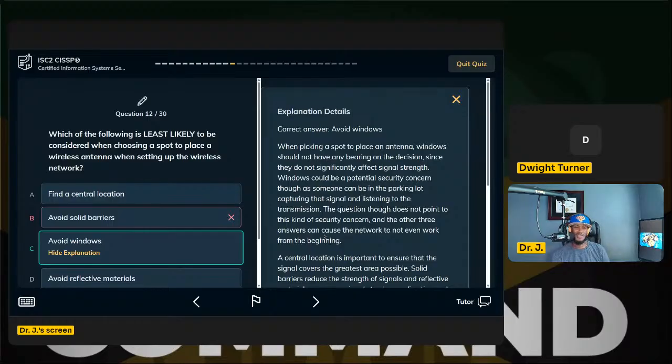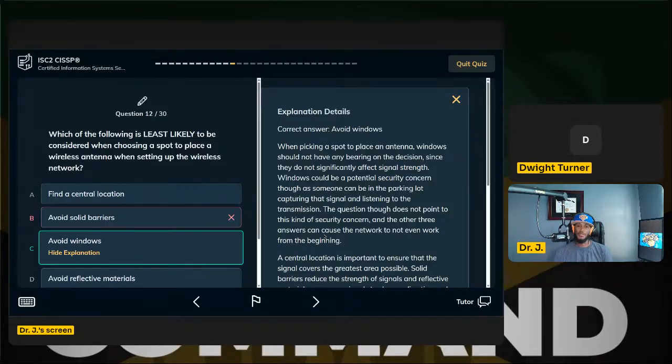I don't get this question because I thought they were looking for what would affect the signal, and it just says the windows don't have any effect on it. They said somebody could be in a parking lot, I don't know.